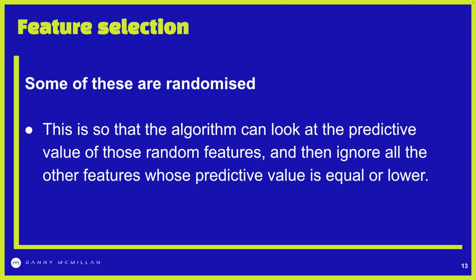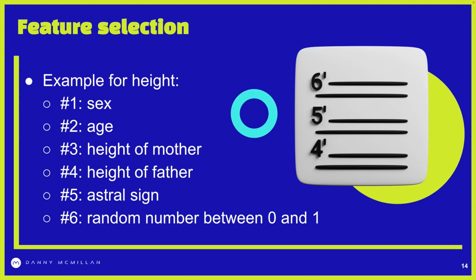This is so that the algorithm can look at the predictive value of those random features and then ignore all the other features whose predictive value is equal or lower. So I'm going to give you a bit of an extreme example here and you'll understand why.